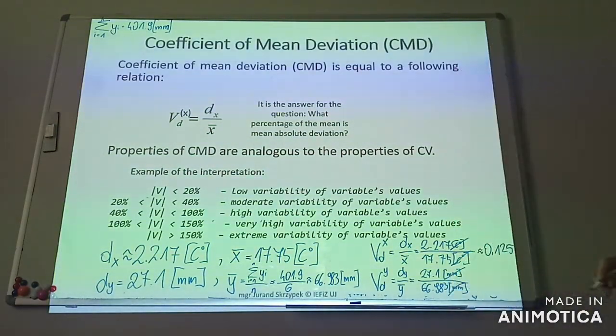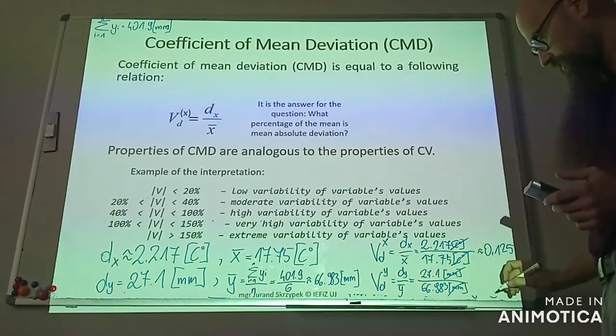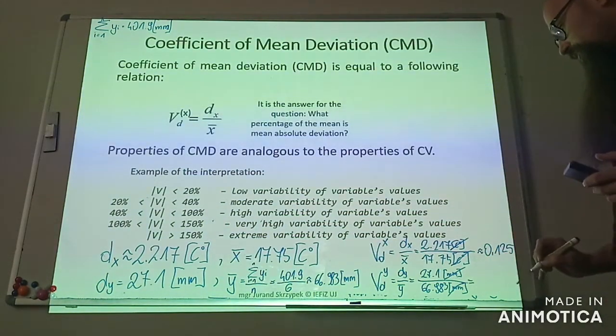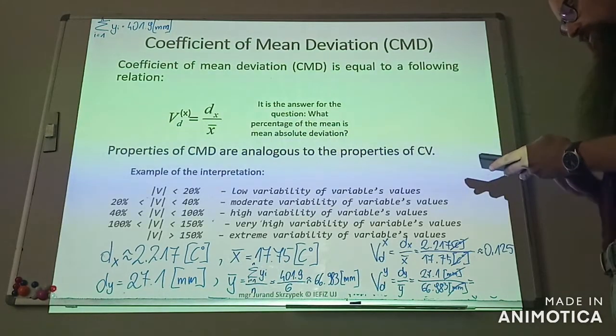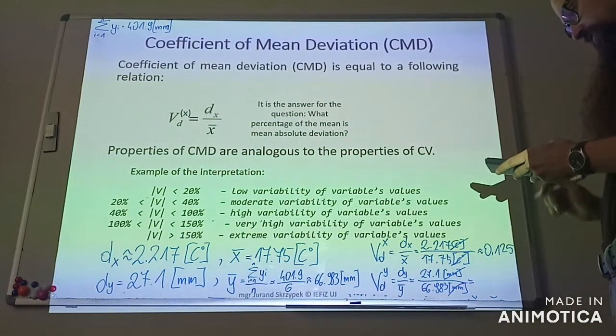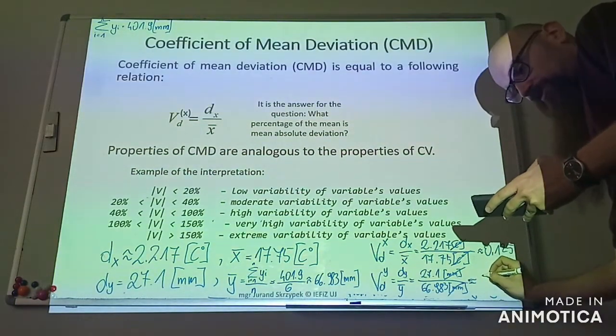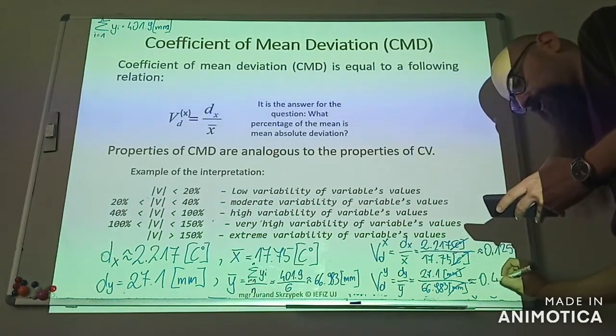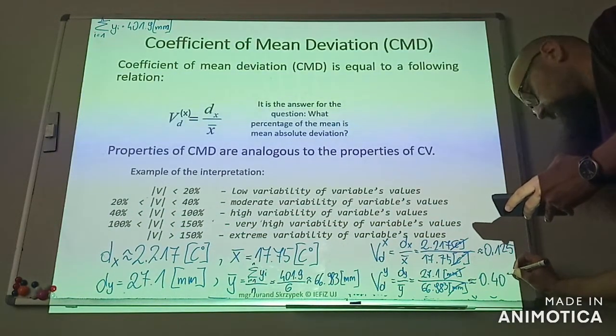Yeah, we remove the units from our fraction and we receive 0.405.